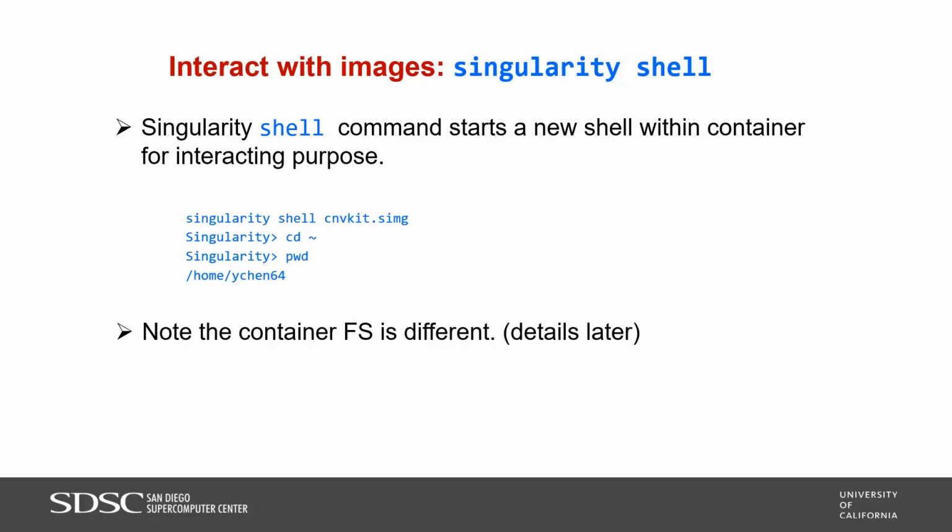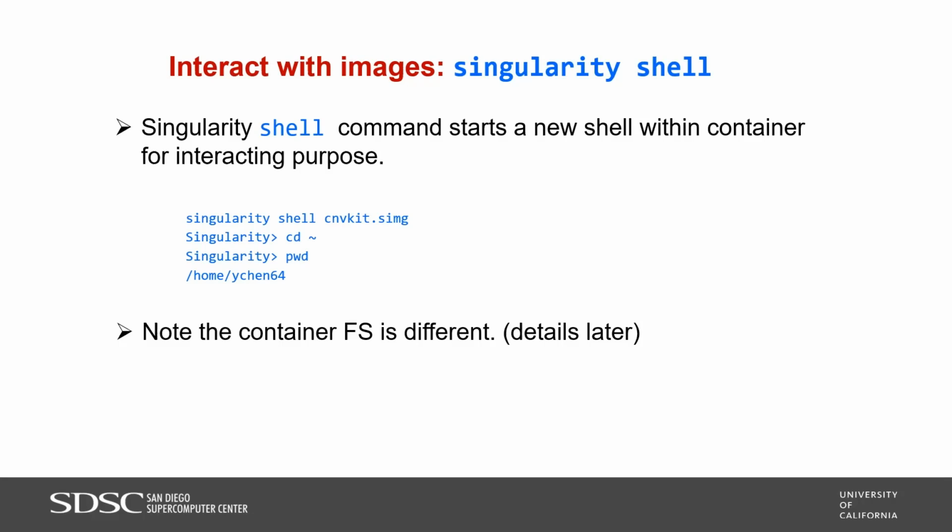Okay, so there are several ways to run Singularity on the clusters. If you want to have some interaction with the images, you can use the Singularity shell command, which we saw when building and finalizing our recipe.